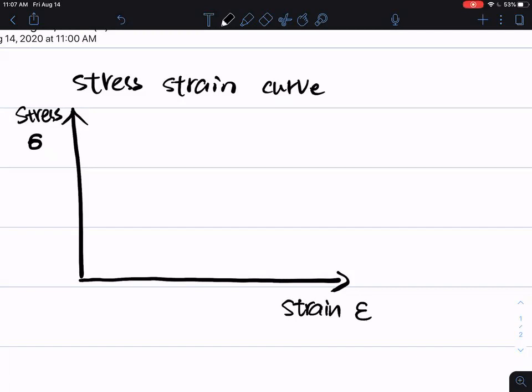Okay, and does anybody remember how that curve looked from Wednesday? Where should the curve start? It should start from the origin, right? And go up, kind of linearly increasing at the beginning. Then it drops. It breaks at one point.